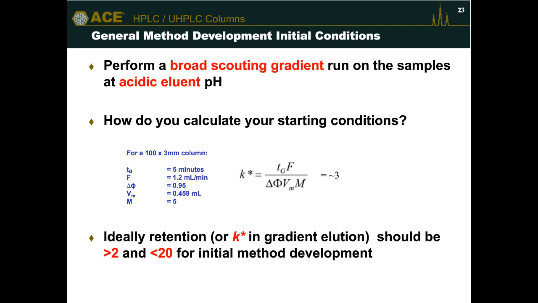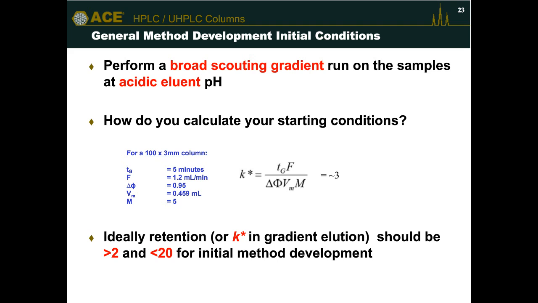So if you're going to increase your column dimensions, say to a 150 by 4.6, 3 micron column, for instance, that would change the VM term, which is on the screen at the moment. So then you just need to solve the equation for the new values to give you the right gradient time and flow rates. It should be a simple calculation.